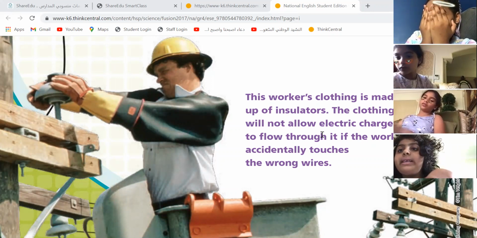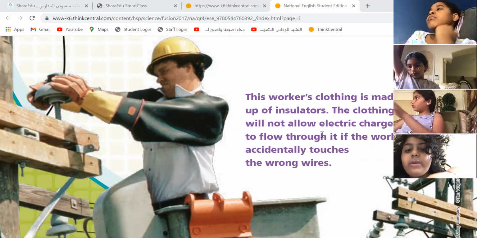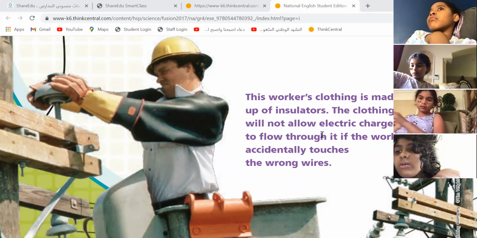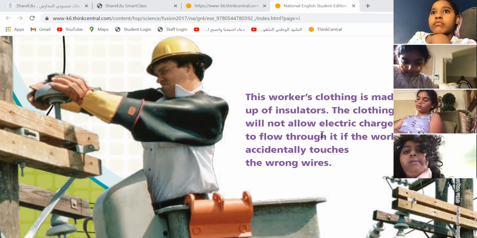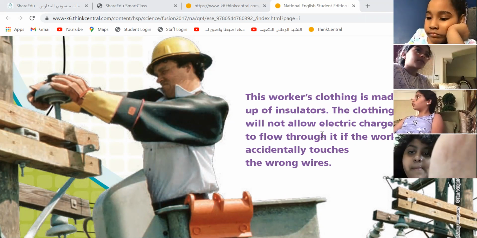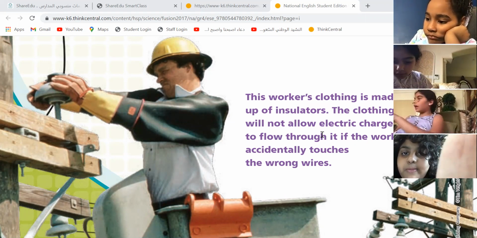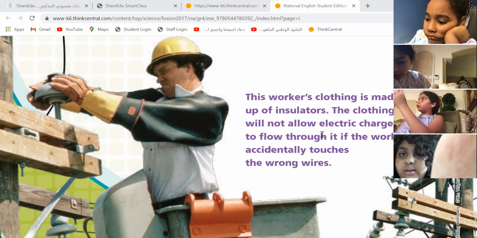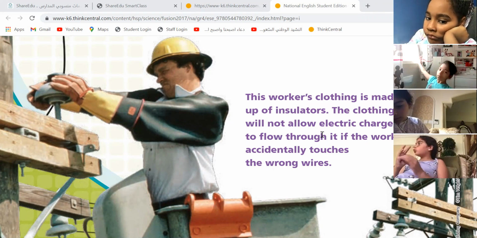Do you remember previously in the last lesson we were talking about the house and how we can put insulators in the walls and around the pipes? Why do we do that in summer? Let's see Layan.